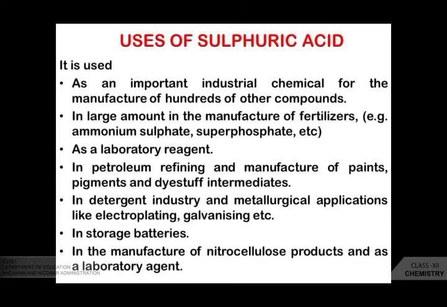It is used in the detergent industry and metallurgical applications like electroplating, galvanizing, etc. Sulfuric acid is used in storage batteries, for example the lead storage battery, and these batteries are used in inverters, etc. It is also used in the manufacture of nitrocellulose products, and one of the most important uses is as a laboratory reagent.